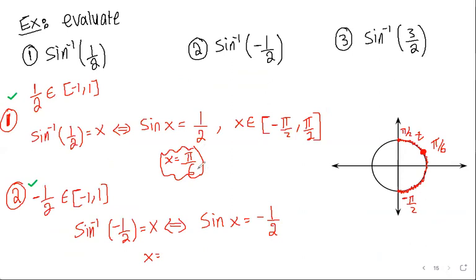So x is the same as this one, π/6, but it is not in the first quadrant, it's in the fourth quadrant. So I have to go back. So x will be -π/6. If I plug this one inside the sine, they give me -1/2.